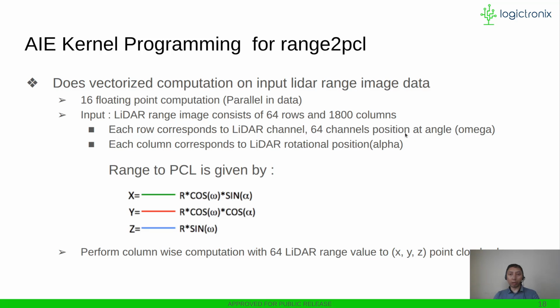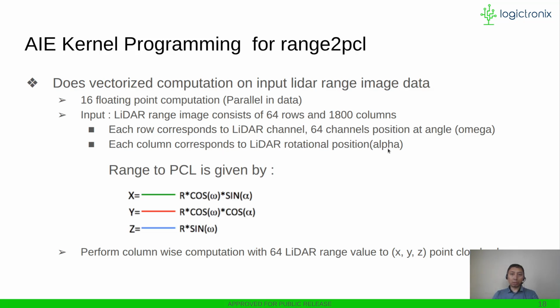each channel is located at a certain angle called the elevation angle, and each column of this range image data corresponds to the LiDAR's rotational position alpha, called the azimuth angle. So each column in the range image data, which consists of 1800 columns, corresponds to the angular position of the single LiDAR in a 360 degree rotation.